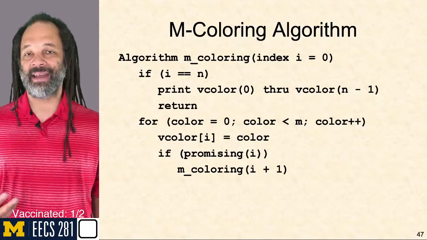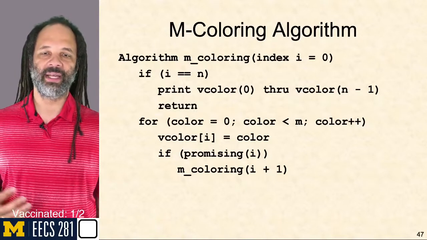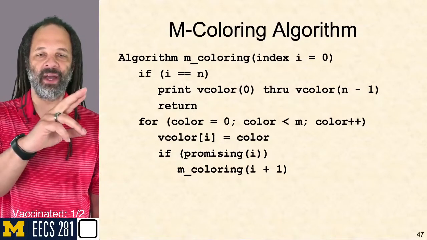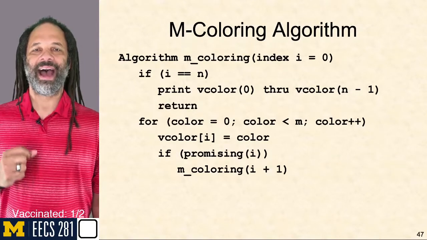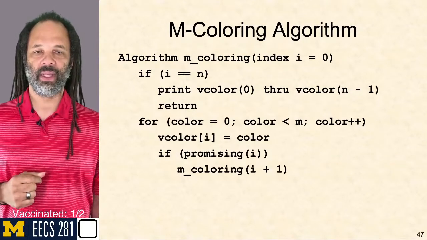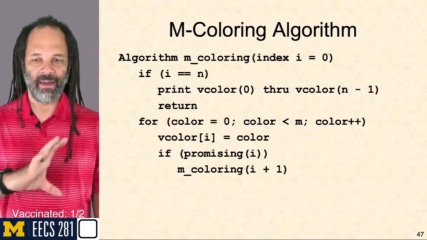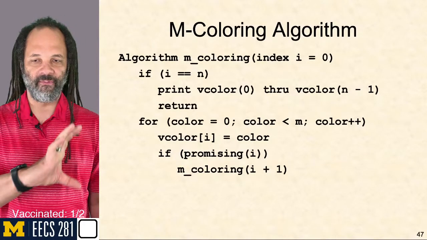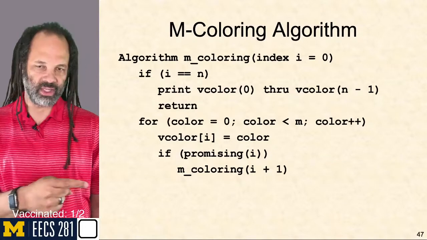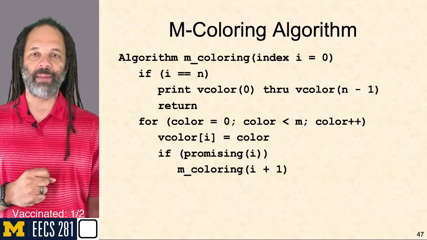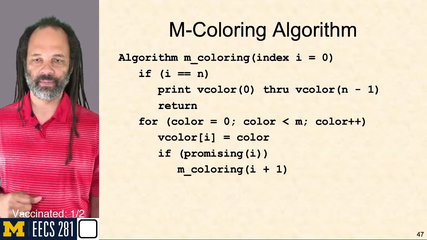If I'm not done, what do I do? I'm trying to extend my solution. So if I is less than N, where I is the parameter that I call M coloring with, my for loop down here is trying to extend my solution, trying to make I larger. So that's why you see this call to M coloring with I plus 1 eventually.